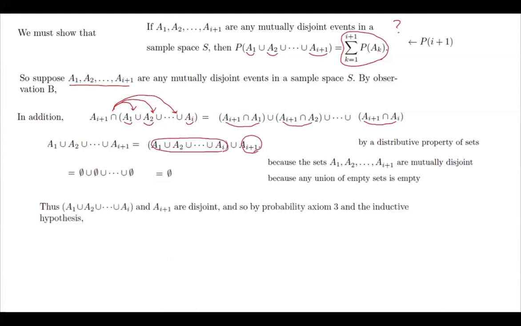See what's happening here. A1 union A2 union A sub i and this set are disjoint. What's the meaning of that?